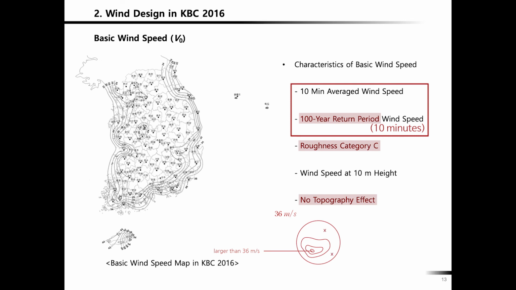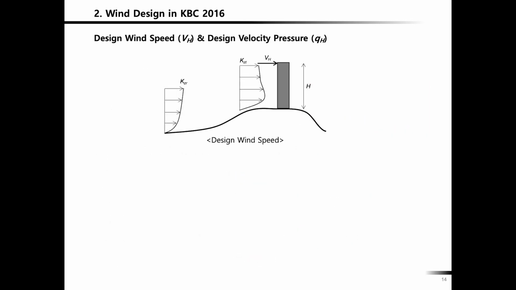Say that location, even though it's the same area, right now I have a coastline like this, so I have a surface category B, but here it's C. Well, this wind speed is for the assumption of C. So when you calculate for B, you have to apply surface category B, so it's going to be higher than 36 meters per second. That is shown right there.